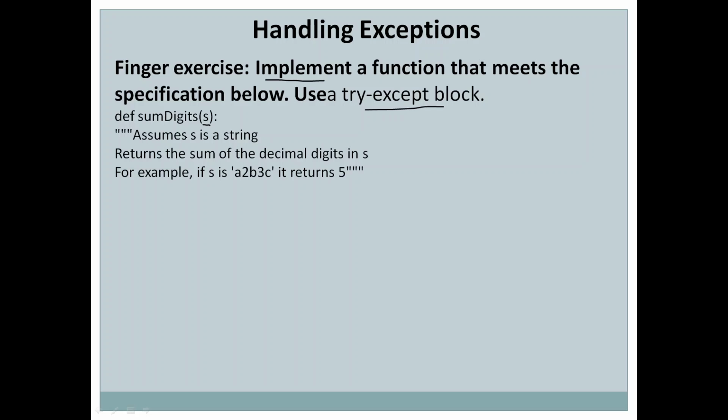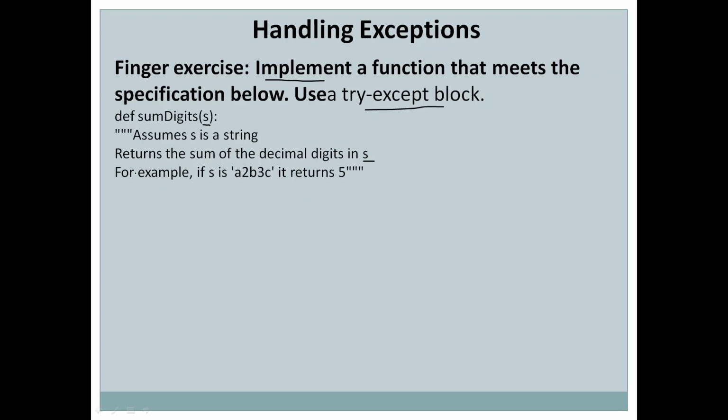We assume that the s which is received in sum digits is a string, and the function returns the sum of the decimal digits in s. So this s may contain numbers and alphabets or any other characters, but we should return the sum of the digits which are there in s.